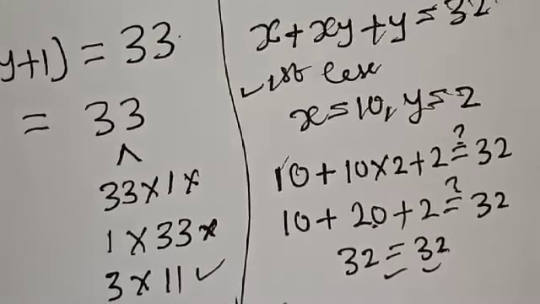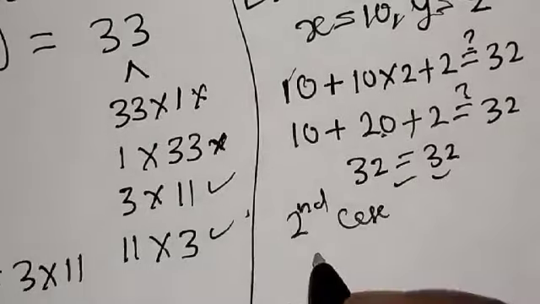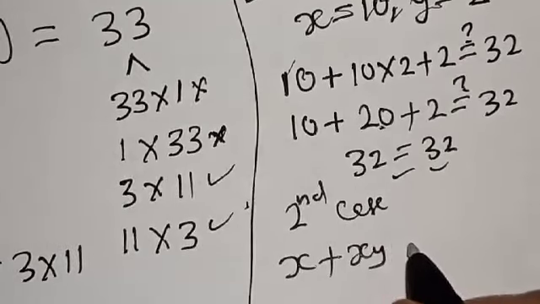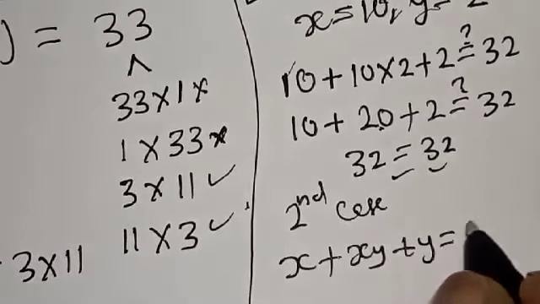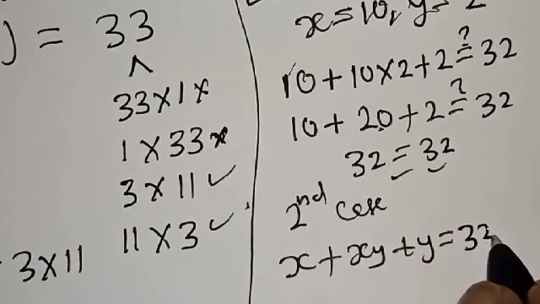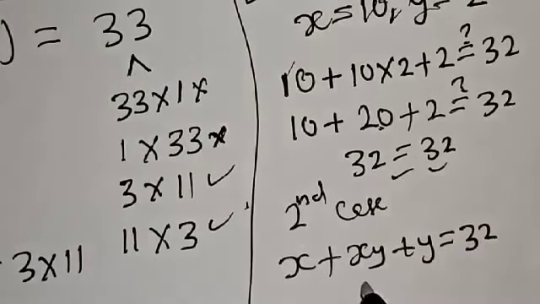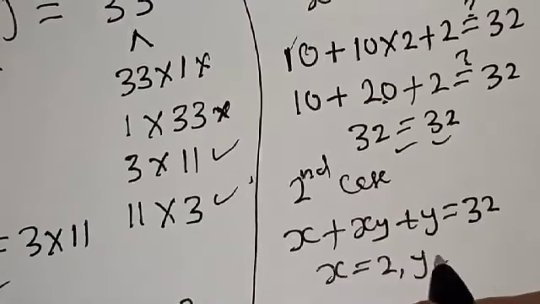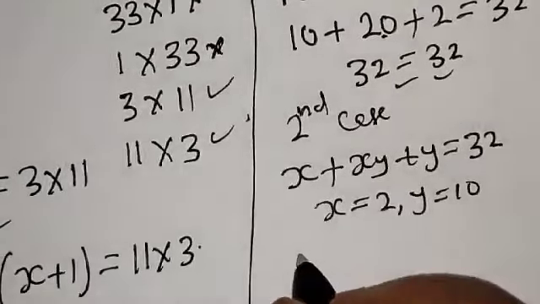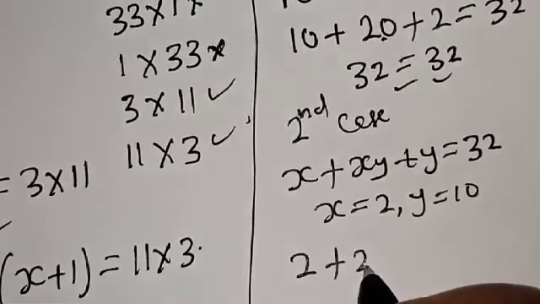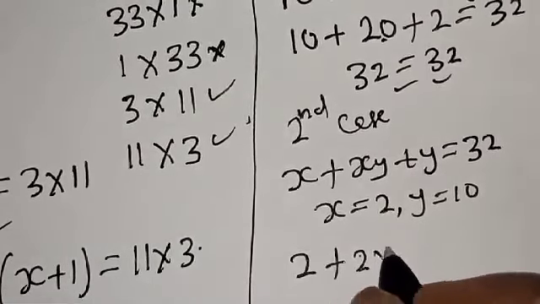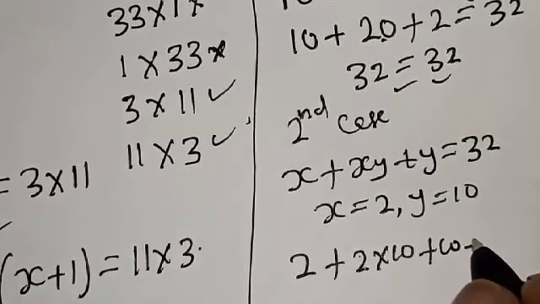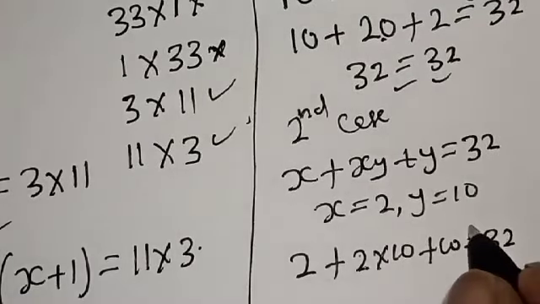Then also, let's check the second case. We have the given equation, x plus xy plus y equal to 32. Then our x equal to 2, y equal to what? 10. Then we have 2 plus 2 times 10 plus 10 must be equal to what? 32.